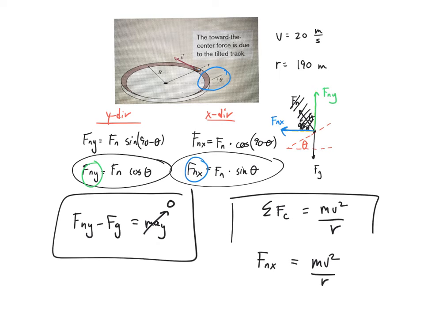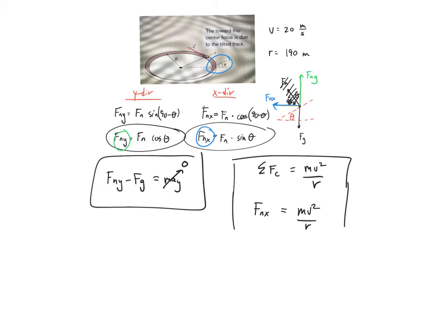Well, it's only the normal force, x component in blue, that's acting toward the center of the circle, so that must equal the centrifugal effect wanting to pull outward. Okay, good question. Because it is a type of equilibrium when you think about it this way. Now it comes to just substitution. The normal force toward the center is Fnx. We can replace it here with Fn sine theta, and that'll equal mv squared over r.